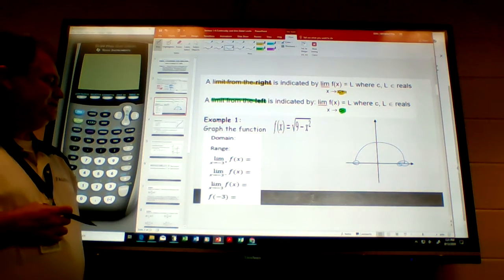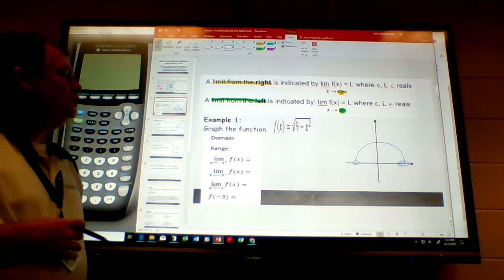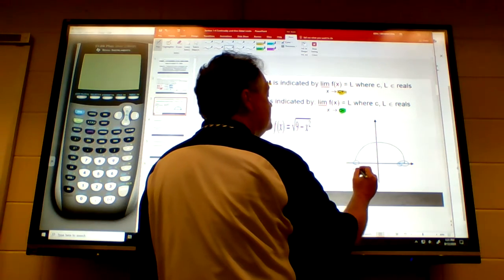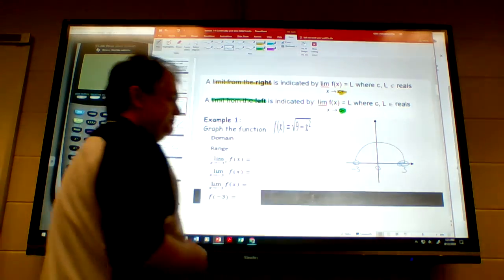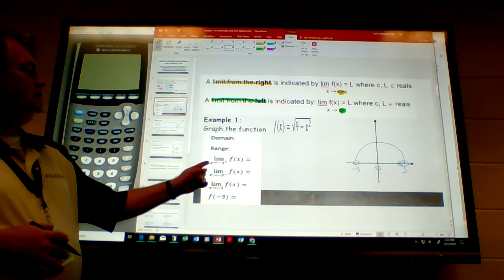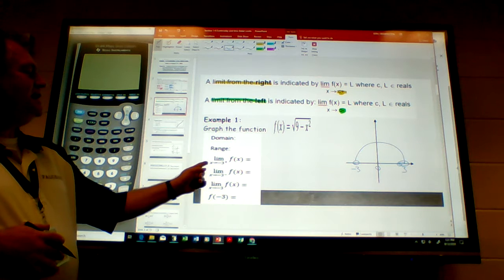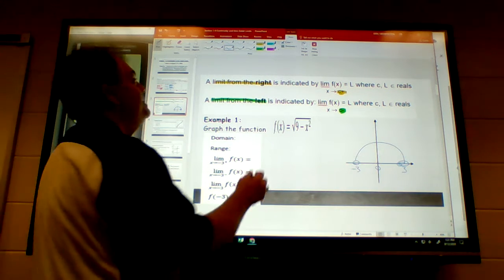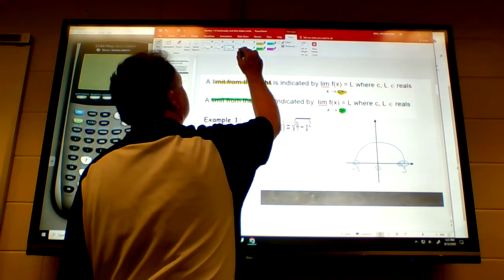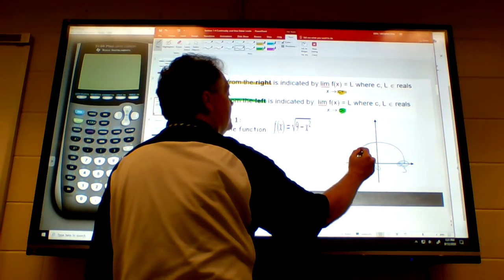Here's what we know. This is -3, this is 0, and that's +3. The limit of f of x as x approaches -3 from the positive side means it's coming from right there.